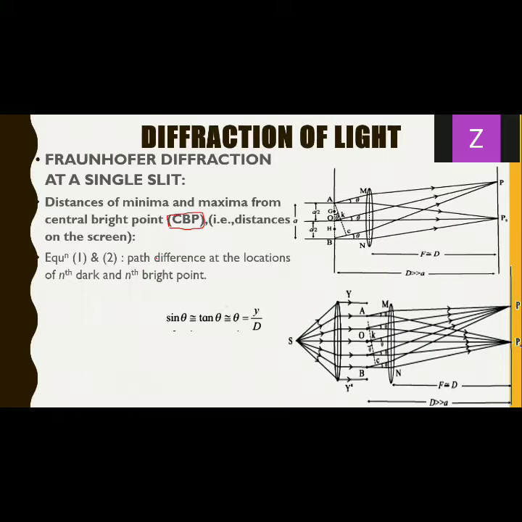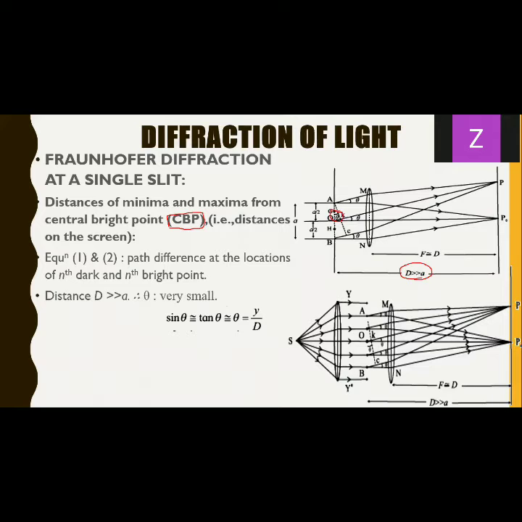Now what do we know? We know that the distance between the slit and the screen is very, very big compared to the distance between the two slits. At the same time, we know that the bending which is taking place is comparatively very small.